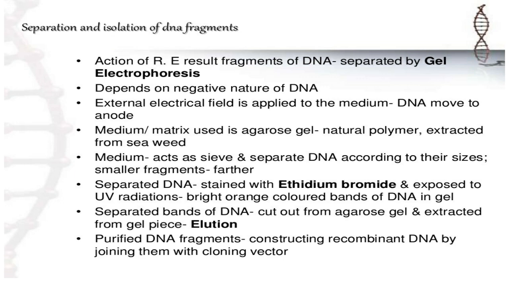Separated DNA is stained with ethidium bromide and exposed to ultraviolet radiation, showing bright orange colored bands of DNA in the gel. Separated bands of DNA are cut out from the agarose gel and extracted from the gel piece, that is elution. Purified DNA fragments are used for constructing recombinant DNA by joining them with a cloning vector.